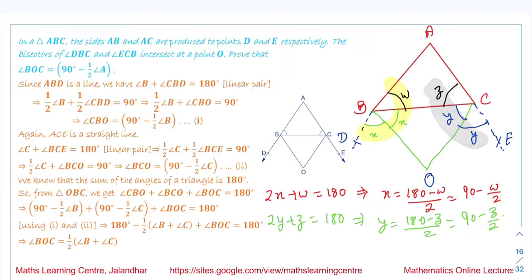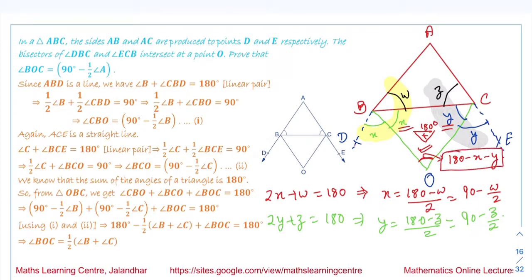Now if I want to find this angle, then the value of this angle is 180 minus x minus y. Why? Because the sum of these three angles, x, y and this angle, will be 180 degrees, and this is what we have to calculate.